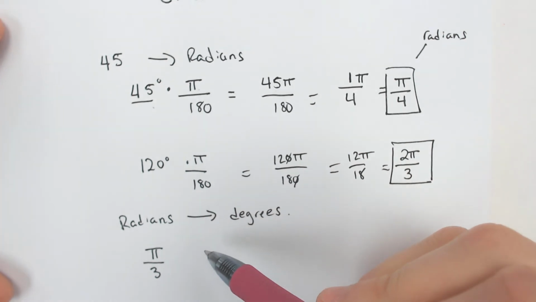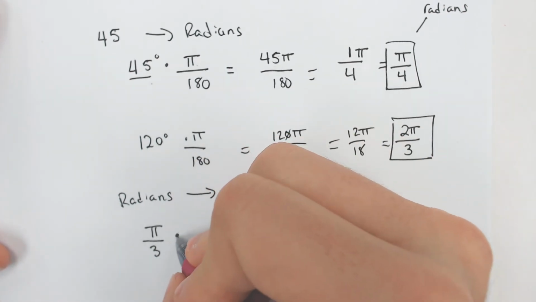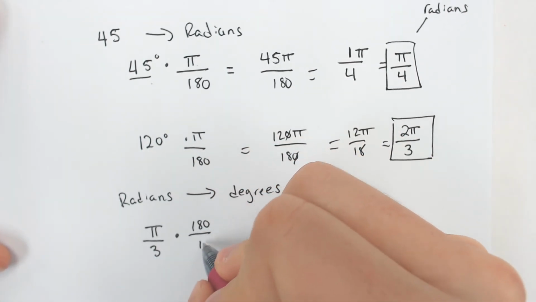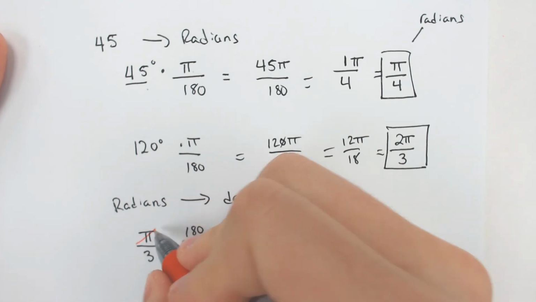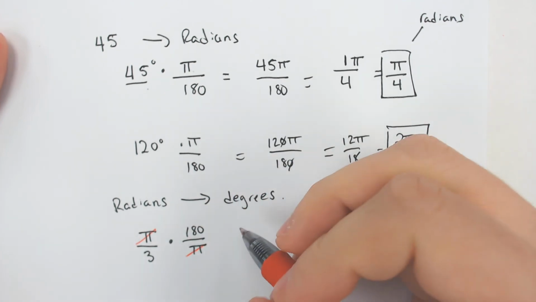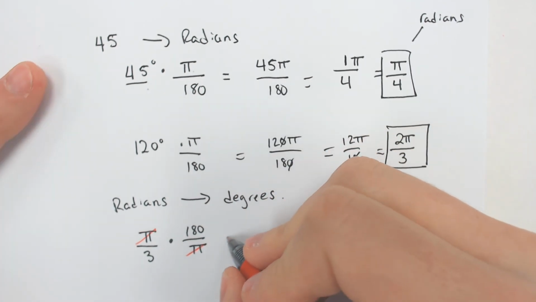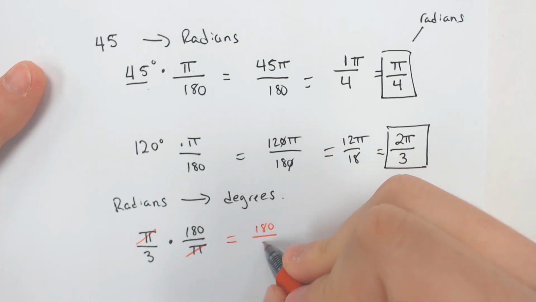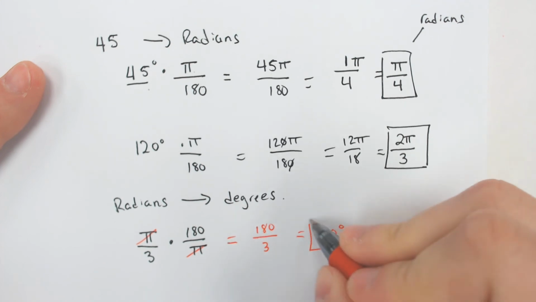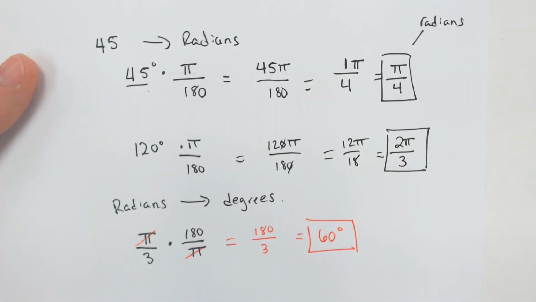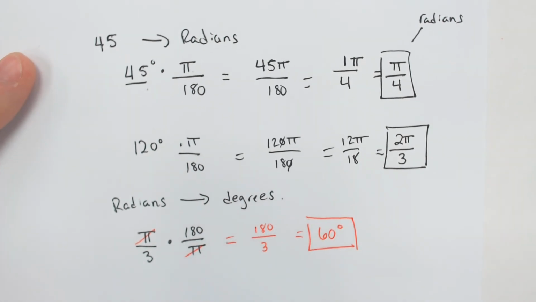If you're given the radians, you want to multiply by 180 over pi. And in this case, the pi's will cancel out. You end up with 180 over 3, which is 180 divided by 3. And in this case, it turns into 60 degrees.